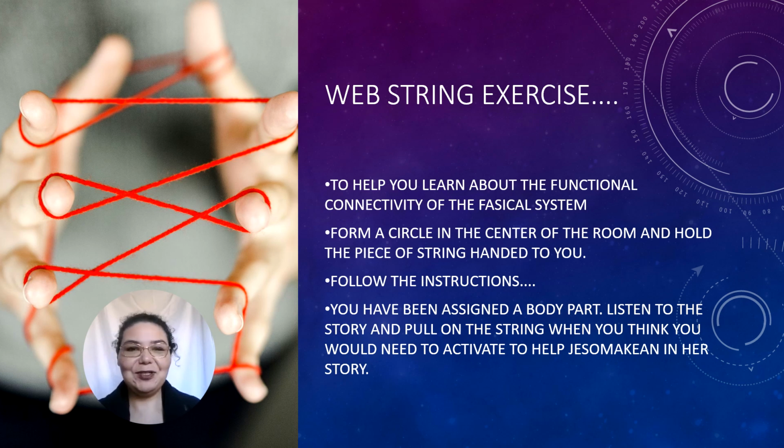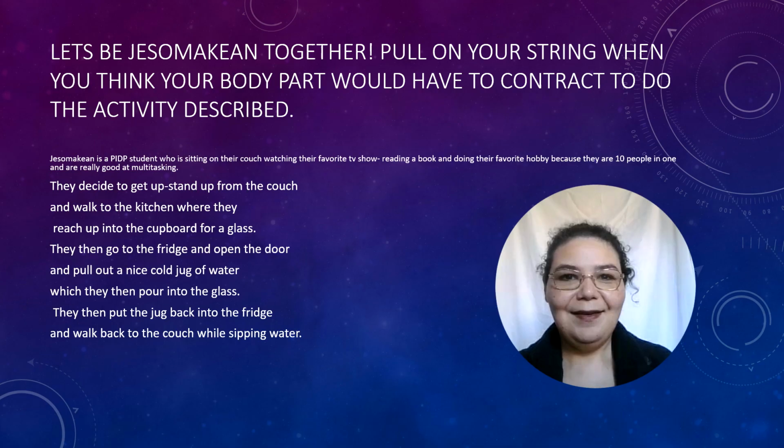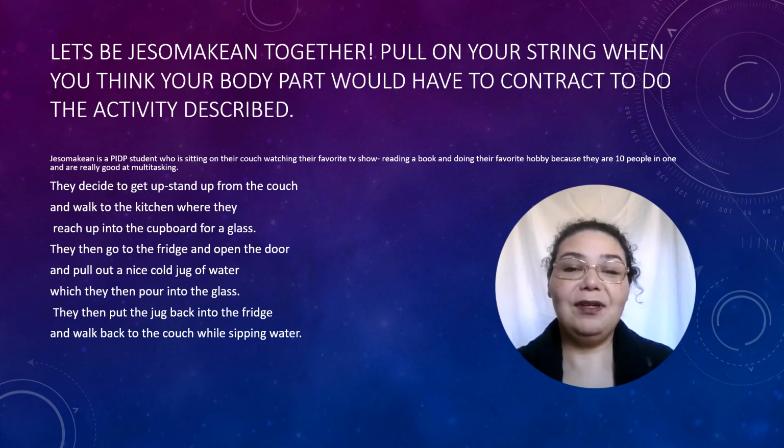Then I described Jasomachine doing an activity. I told everyone, if Jasomachine does something, wiggle or move the string as if you were moving, so that everyone can feel the connectivity between all these different activities.